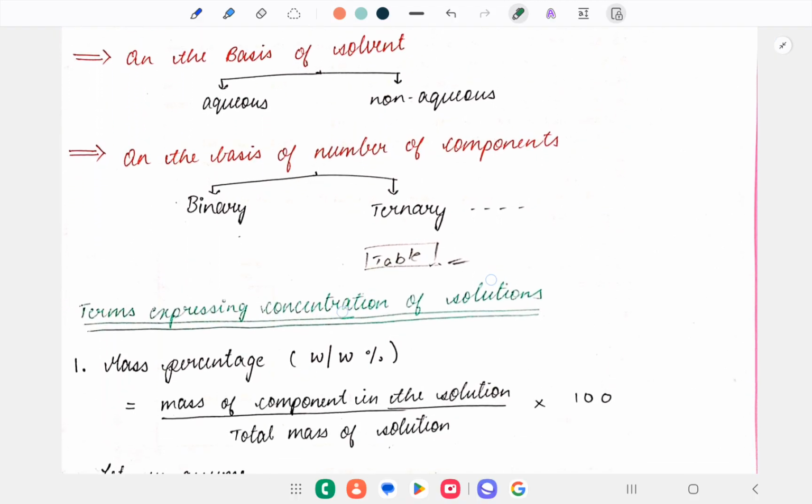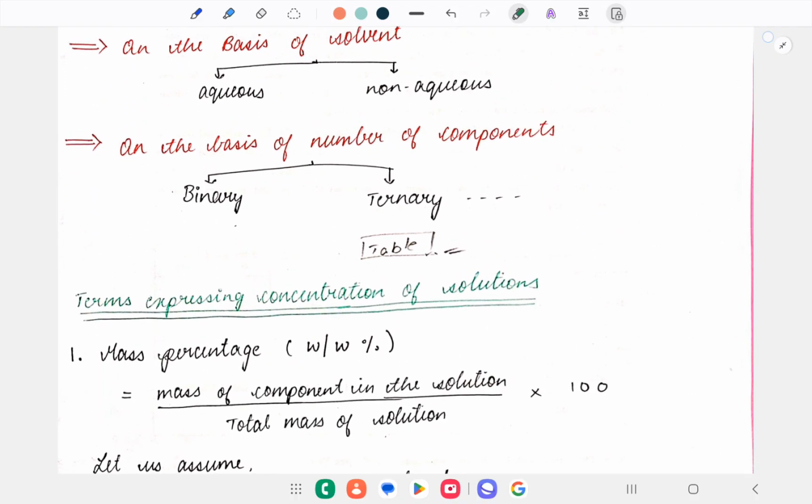And then, on the basis of number of components, a binary solution is one in which we have two components, for example, a salt solution. Then a ternary solution is one in which three components are present, either two solvents and one solute, or one solvent and two solutes.